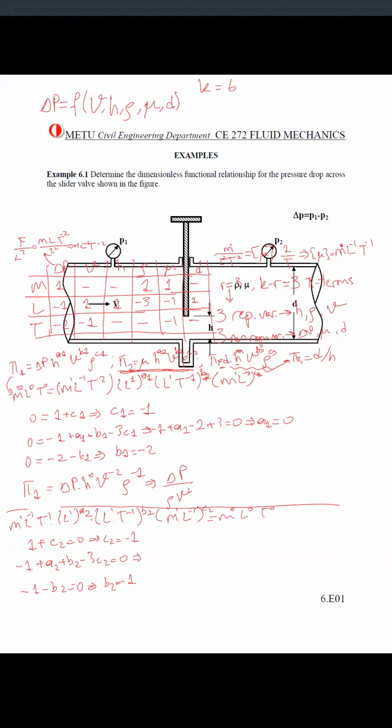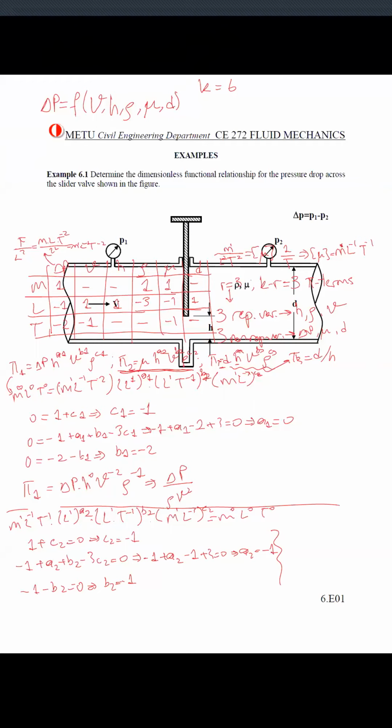And inserting B2 and C2 here, minus 1 plus A2 minus 1 plus 3 equals 0 makes A2 equals minus 1.